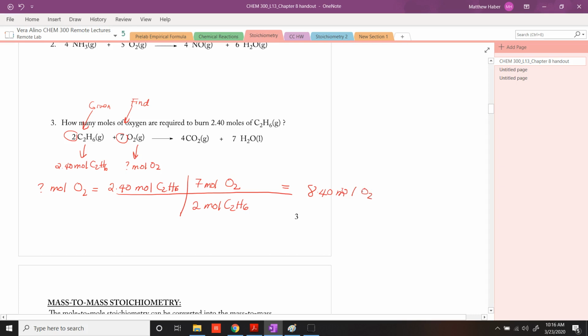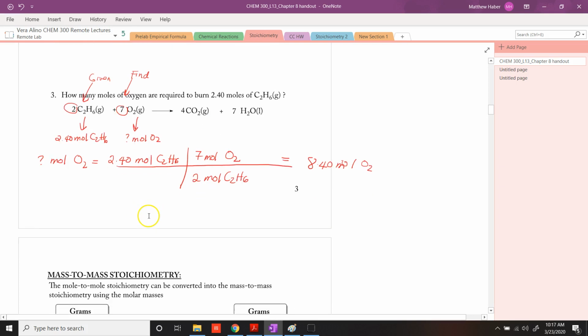So technically, you'll be able to calculate the amounts of carbon dioxide and water produced from this reaction. All you need to do is use the stoichiometric coefficient for that of CO2 and water. So let's solve for the carbon dioxide.